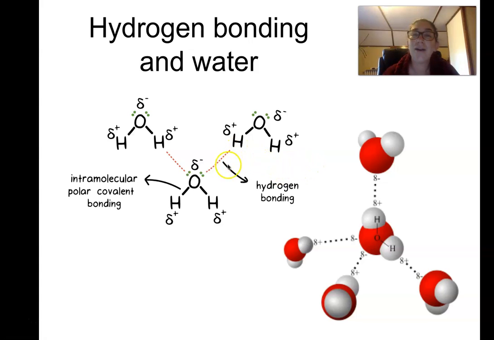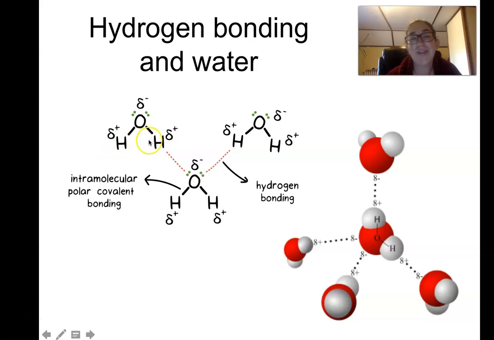So water is basically just a little hydrogen bonding machine. That's not the right word, but it's just two hydrogens and an oxygen. So it has two hydrogens that are partially positively charged and this one oxygen that's partially negatively charged. All right, so it is basically just a bunch of hydrogen bond donors and acceptors.